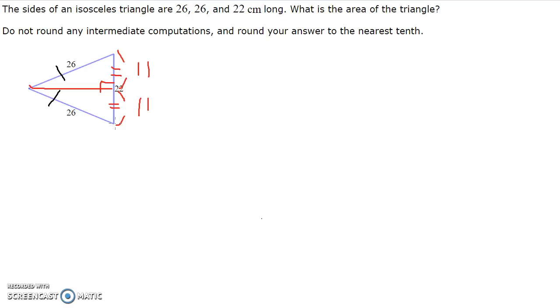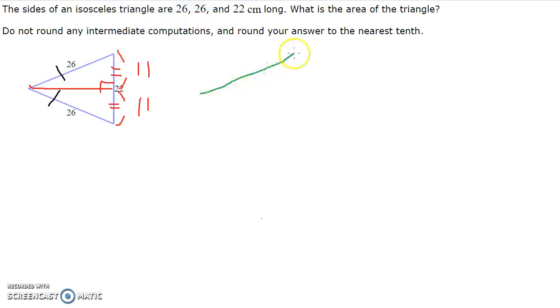So now I'm going to color my triangle a little bit. This part of the triangle, I can use to help me find my height.